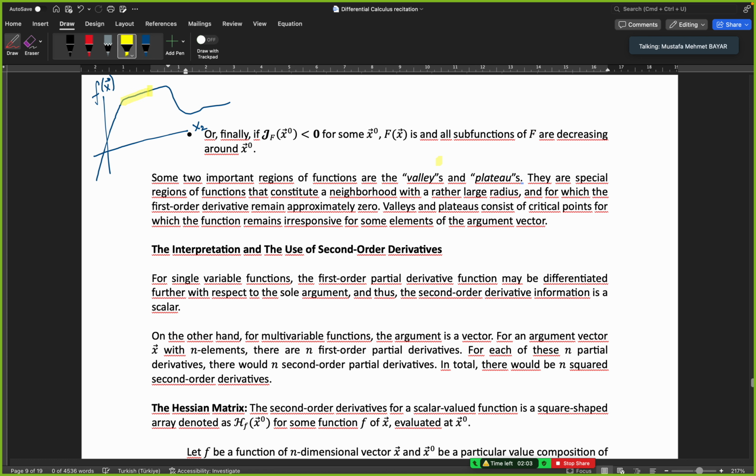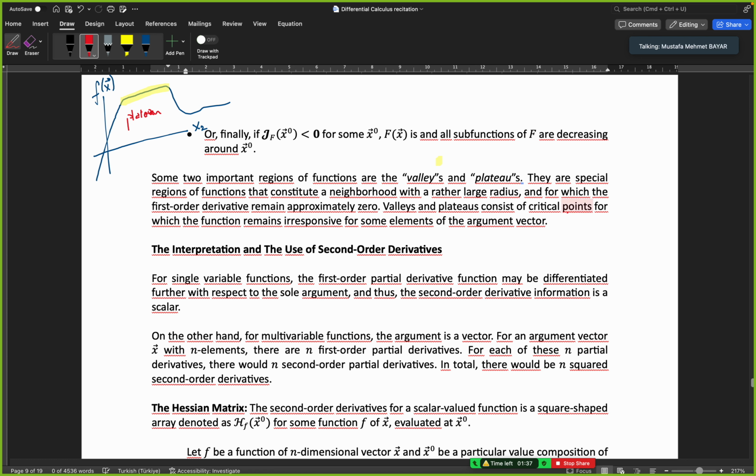It has been increasing, then it became stationary, then it started to decrease. This region is a plateau, a relatively high stationary constant region.